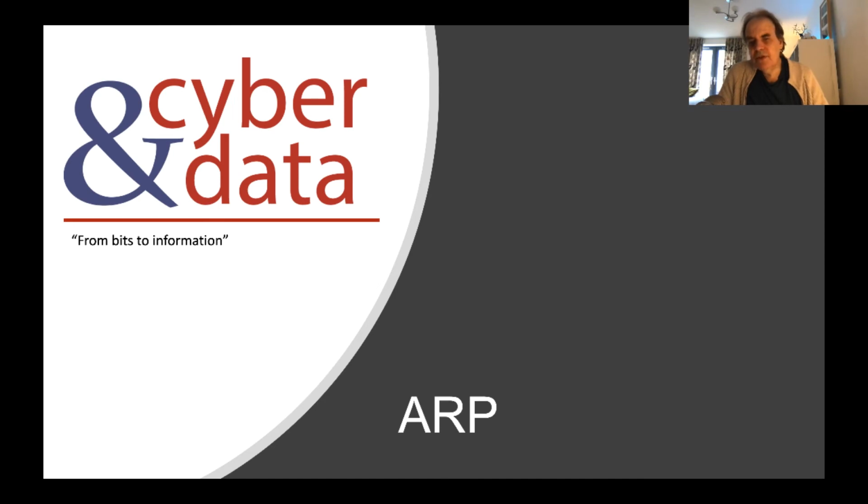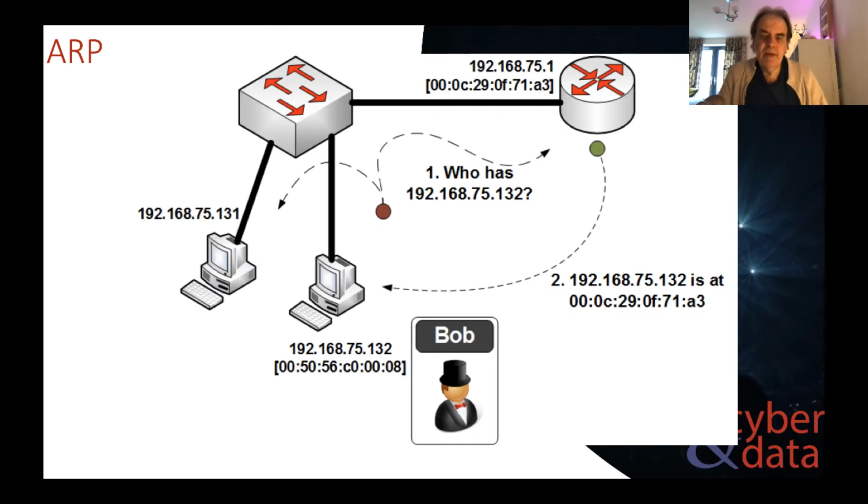Okay, so the first protocol that we look at is an extremely important one called ARP. With ARP, we connect to a local network. In this case, we have a switch and a router here, and here is the gateway port on the network.